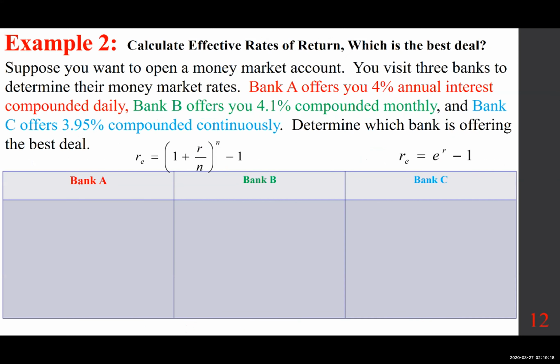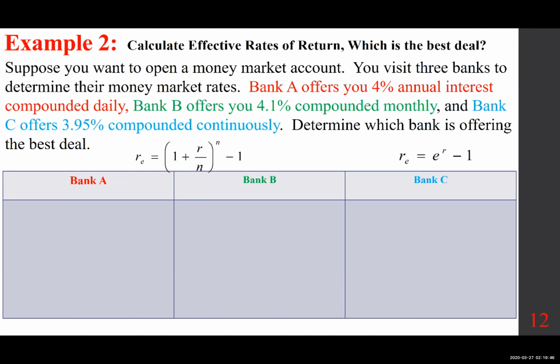Here's a simple example that can put this to good use. What if we have the following situation? We want to open a money market account and bank A gives us 4% annual interest compounded daily. B gives us 4.1% compounded monthly, and C offers 3.95% compounded continuously.